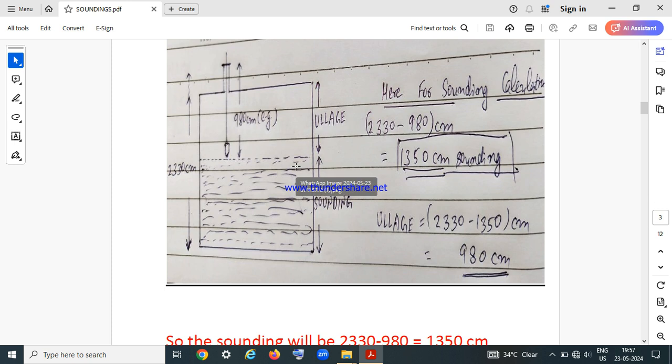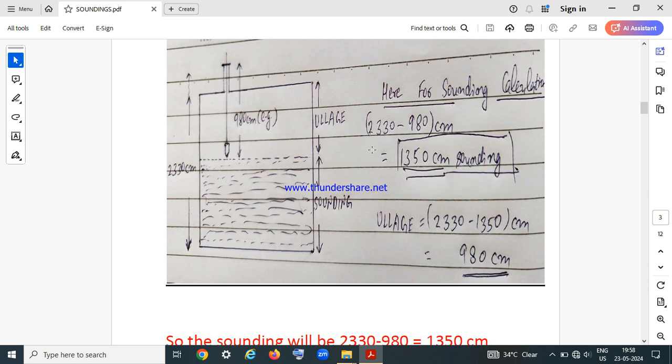So suppose in this condition, for sounding calculation, what we will do, we will subtract from 2330 centimeter, which is the full depth of the tank, minus how much sounding tape we have put inside the sounding pipe. Suppose we have put 980, so 2330 minus 980, this comes 1350 centimeter sounding.